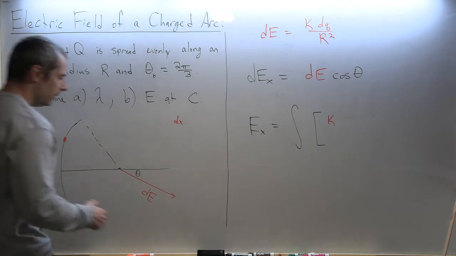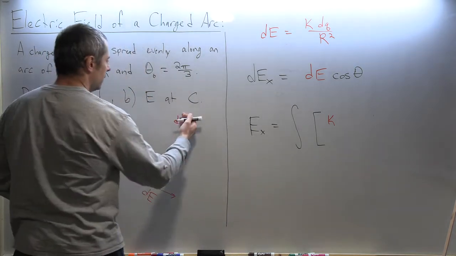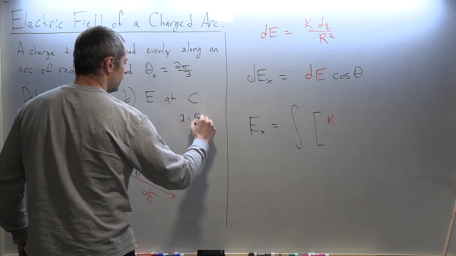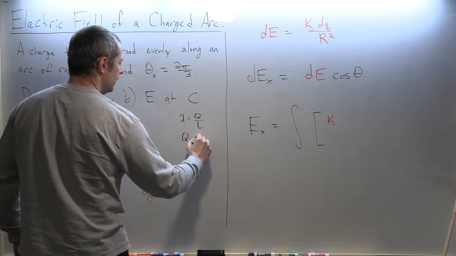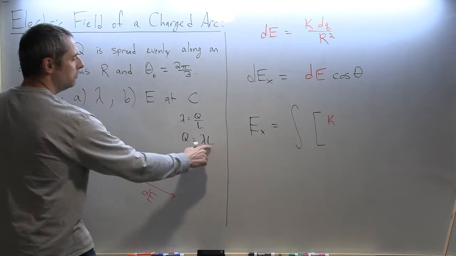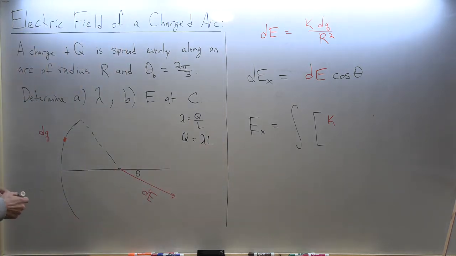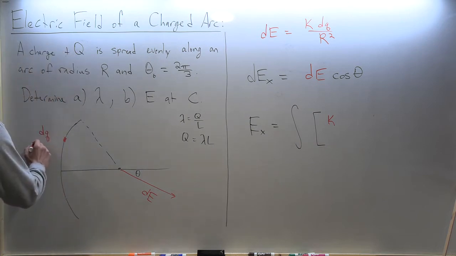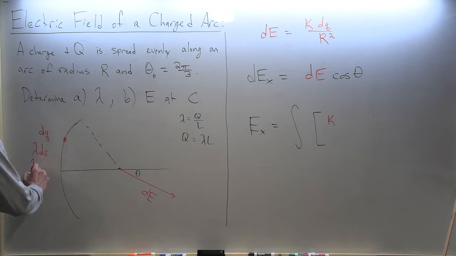Remember I said that lambda equals q over L. So q equals lambda times L, the coulombs per meter times meter. So over here I could say this is lambda ds, the arc length of this little portion, which I could say is lambda times r d theta, because that's what arc length is.